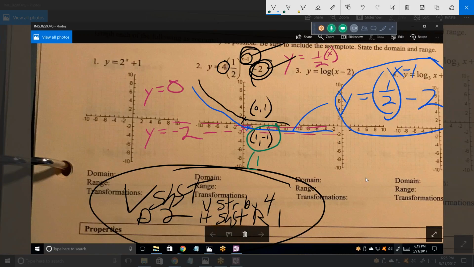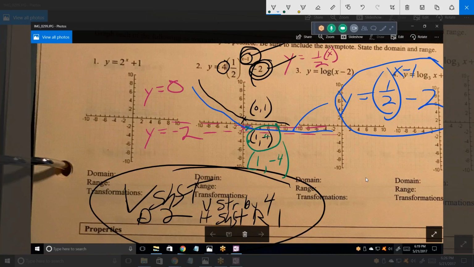The x stays at 1. What happens to the y? Negative 4. You multiply it by 4. So this point that was there all of a sudden moves down to here, 1 comma minus 4.